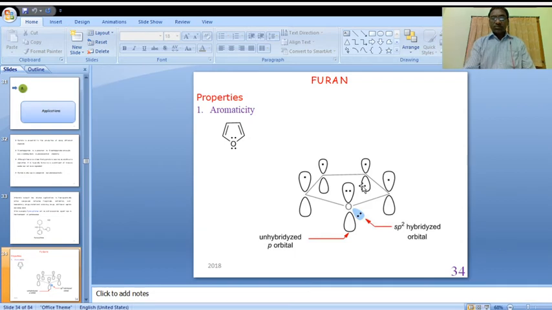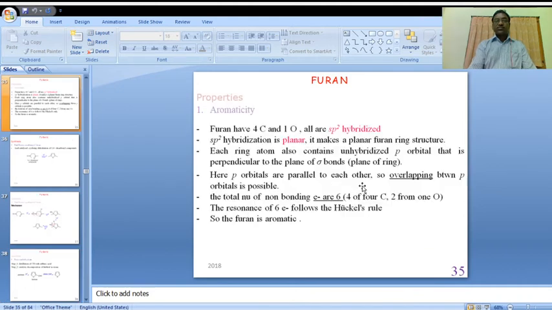Now we will discuss the aromaticity of this particular furan.